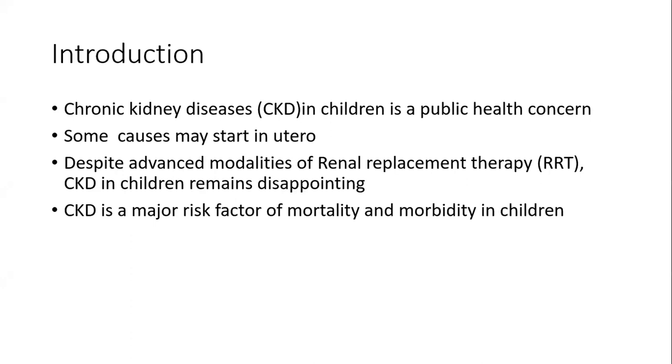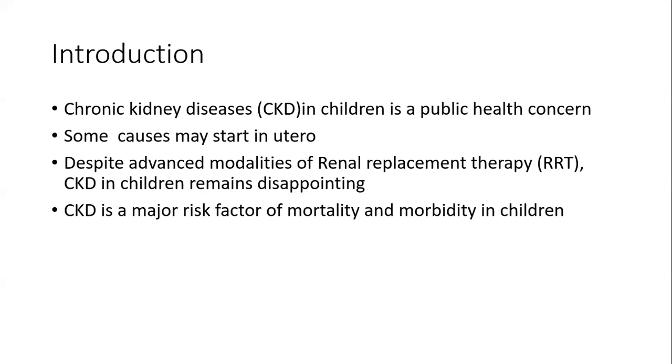This is because, one, there is delayed diagnosis. Secondly, it is a chronic disease which requires the parent to be available and patient. Sometimes it requires a lot of money that the parents don't have. So it is one of the complex diseases. Chronic kidney disease is a major risk factor for mortality and morbidity in children.